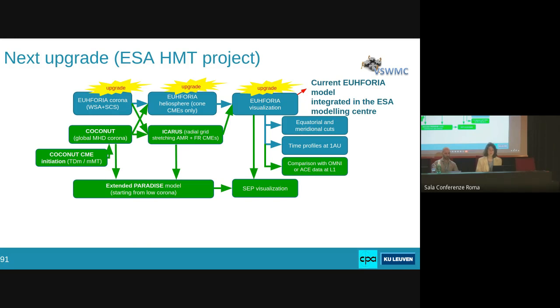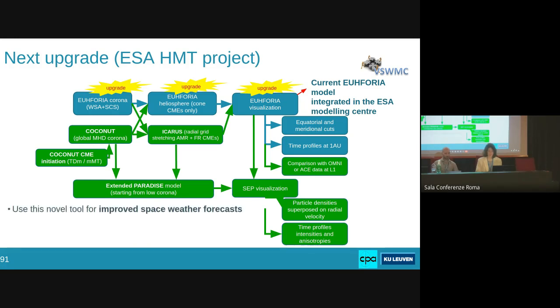And then the new SEP visualization tool is of course added so that the users can also access this data. This would include the particle densities superposed on radial velocity and the time profile intensities and anisotropies.